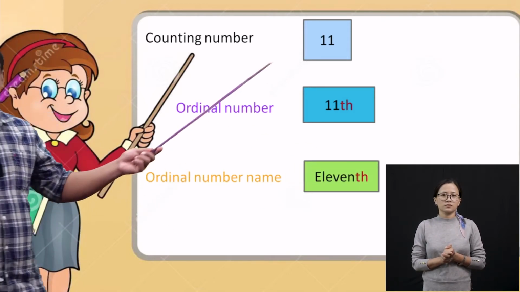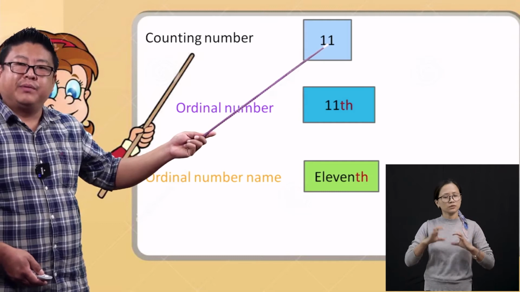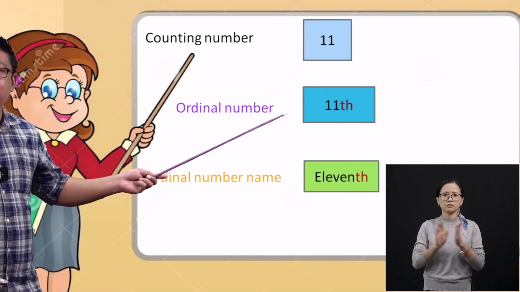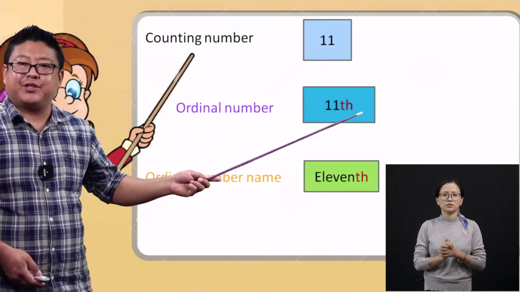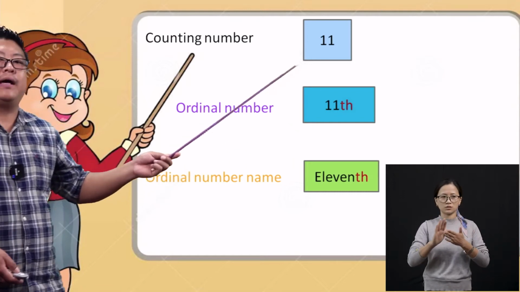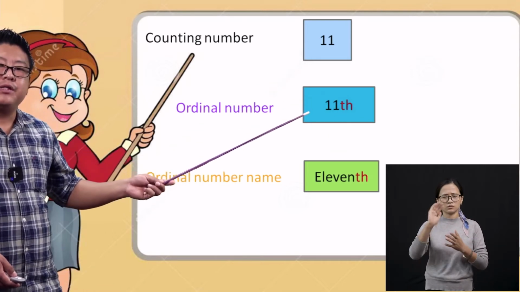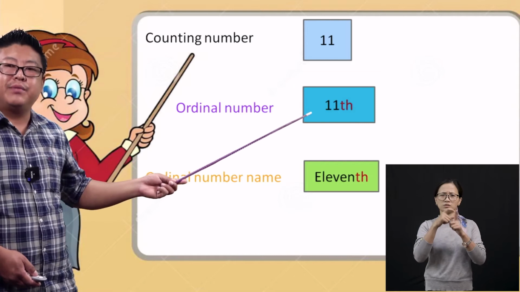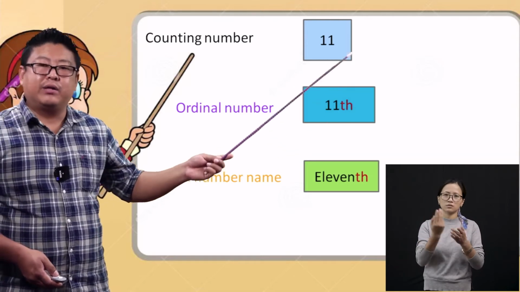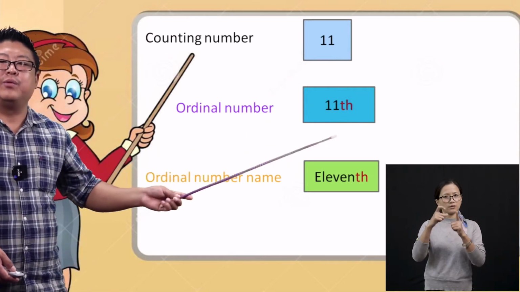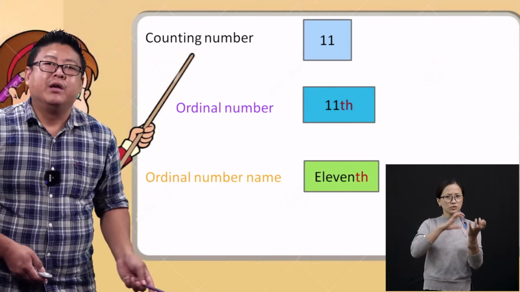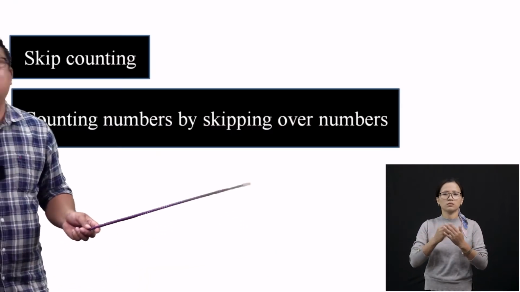Okay, children? If you notice, in the counting number, we simply have 11. In the ordinal number, we have TH. So in some numbers, you will have TH. In some numbers, you will have RD. In some numbers, you will have ND. So depending on the numbers, this ending will always change. Okay, children? So this is all about ordinal numbers.